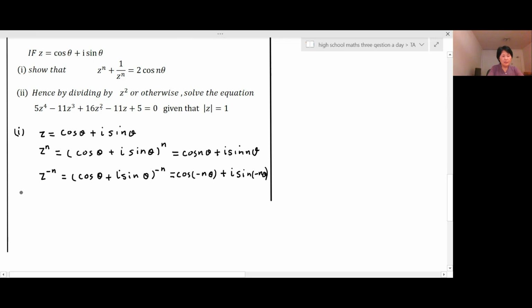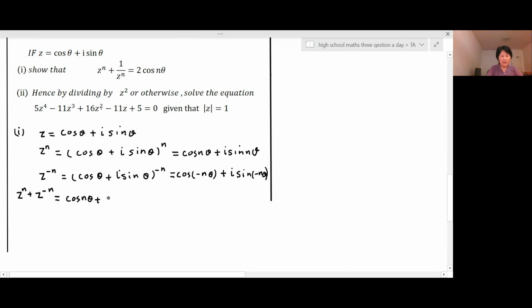Okay, so now z to the power n plus z to the power minus n equals cosine n theta plus, real part with real part, imaginary part with imaginary part.